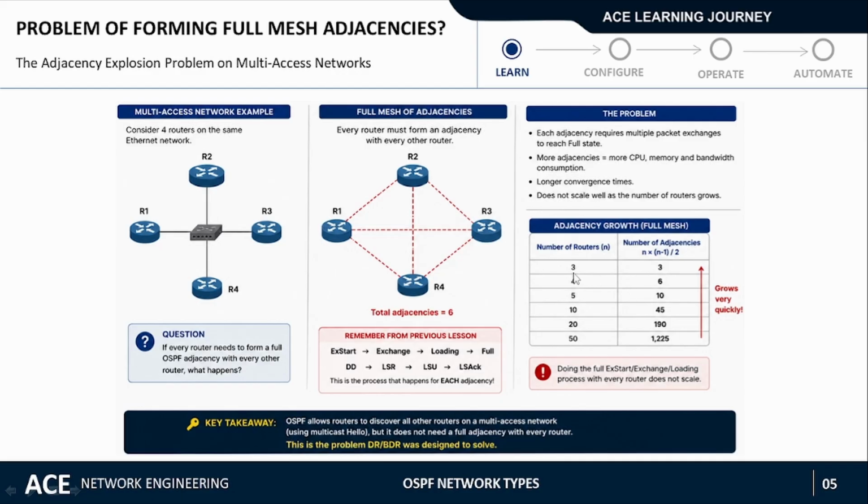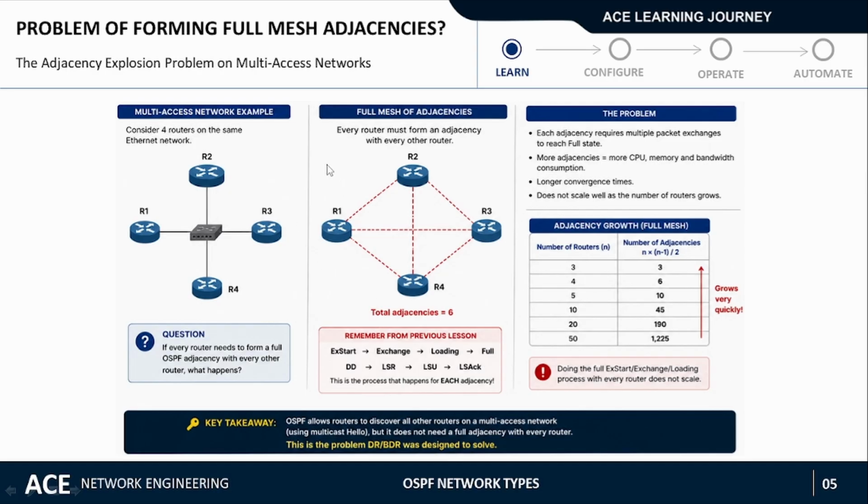You can see from this diagram, when we have 3 routers, basically 3, but as we begin to increase the number of routers, the number of relationships grows exponentially. You can see we are increasing the number of relationships, which means we need very powerful routers that have very high memory, and they will consume a lot of bandwidth, and then convergence will be slow.